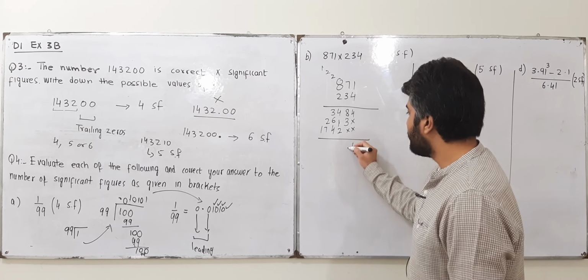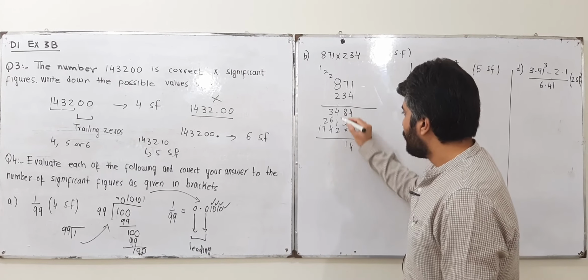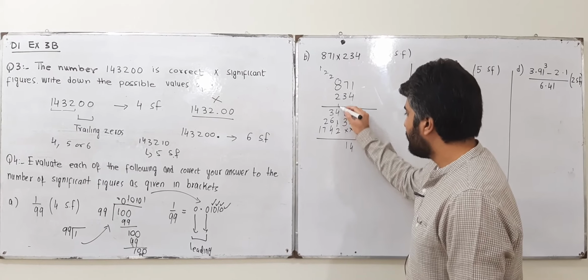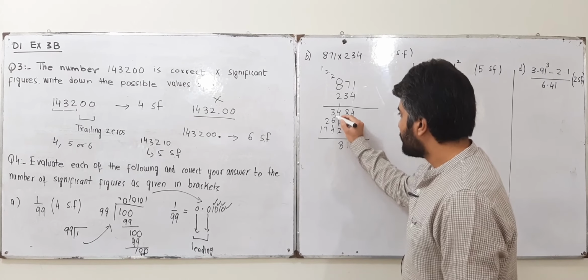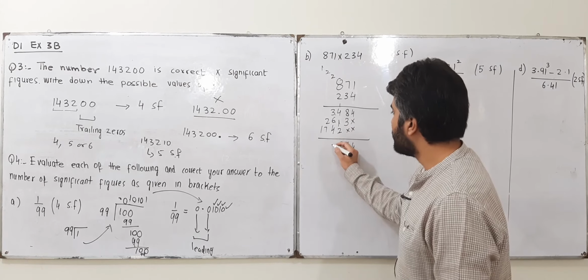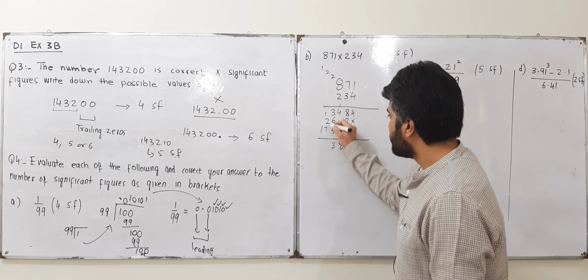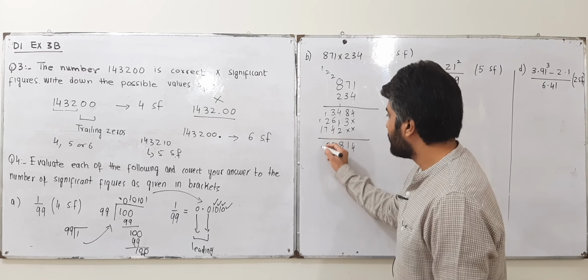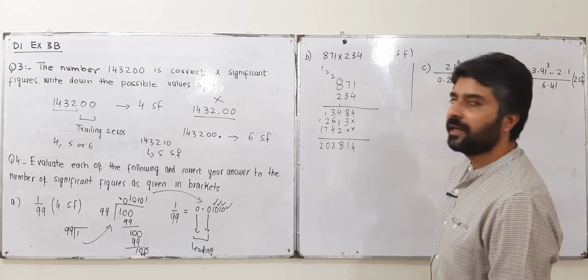Adding: 4, 8 plus 3 11, 1 carried, 5, 2 7 and 1 8, 6 plus 3 9 and 4 13, 7 plus 2 9 and 1 10. This is 203814.